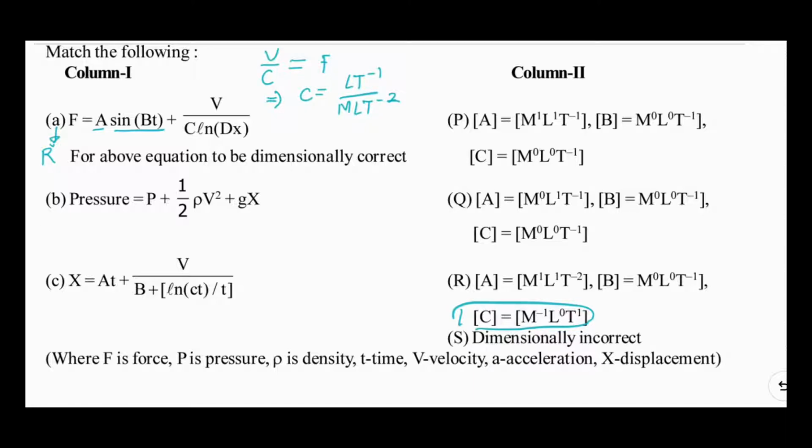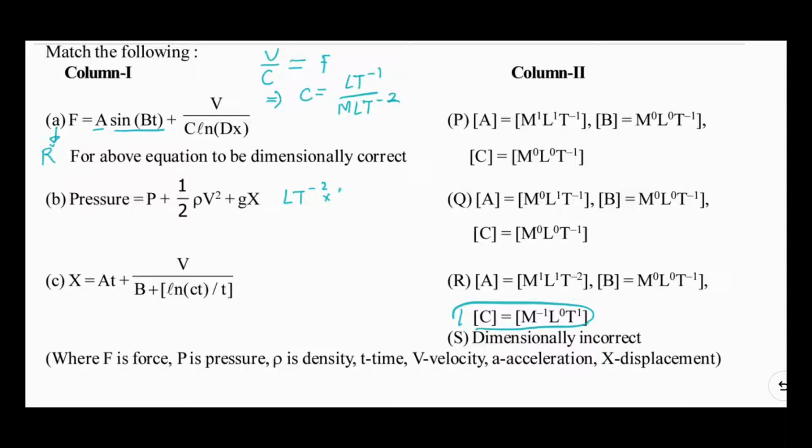Now let's check for option B. Here pressure is equal to P plus half rho V square plus G into X. Here G is not mentioned, so I will assume that G is gravity, and X is displacement here. Gravity has a dimension of LT minus 2.